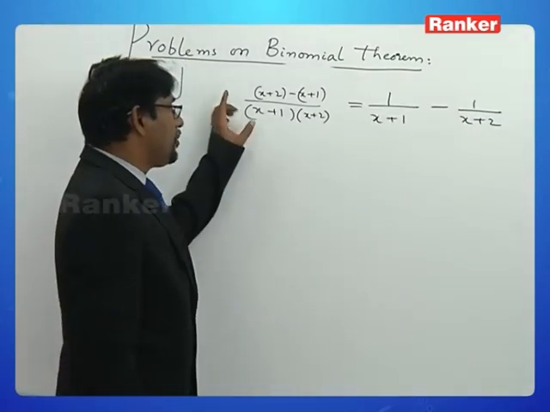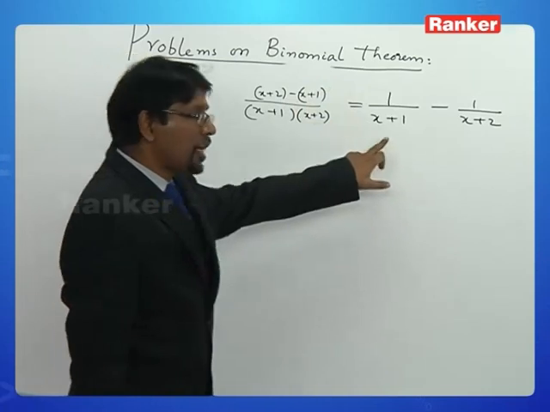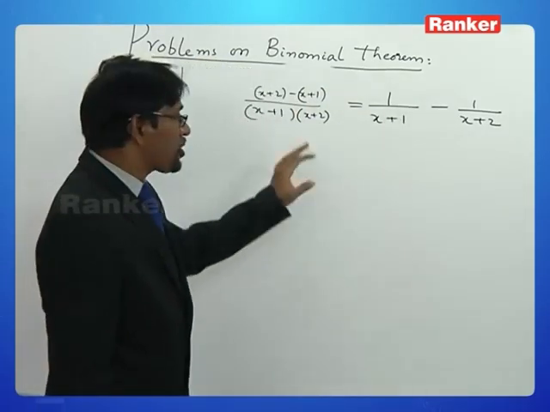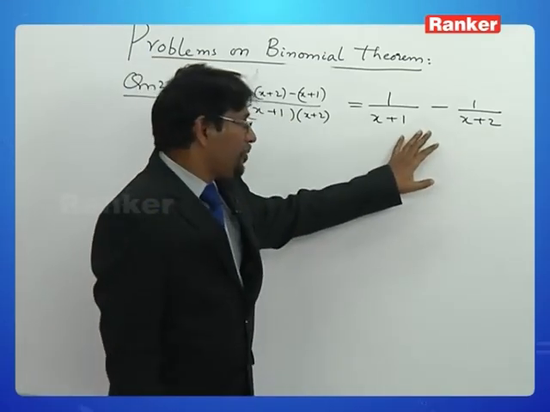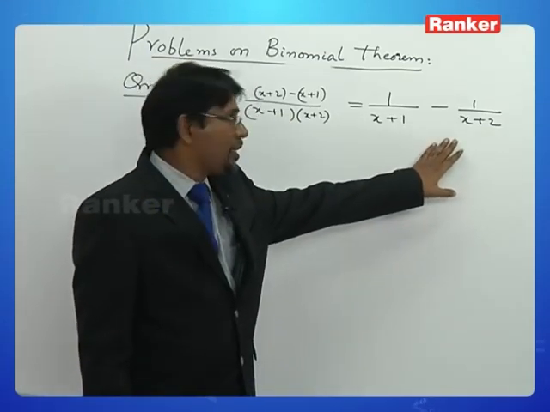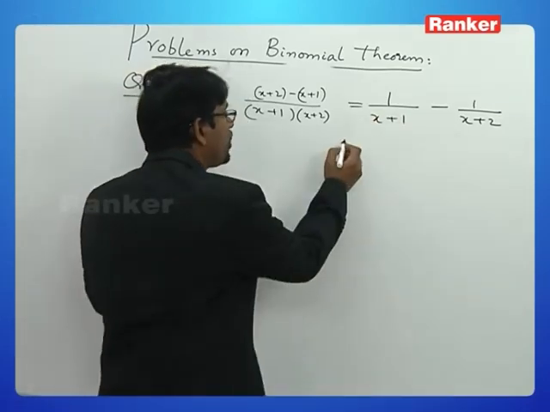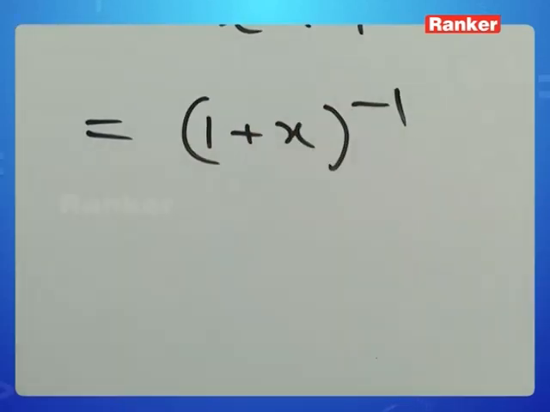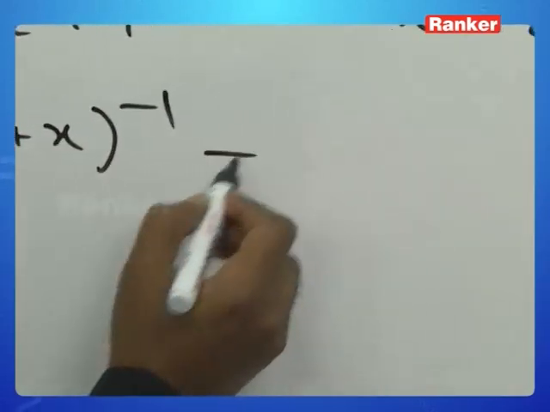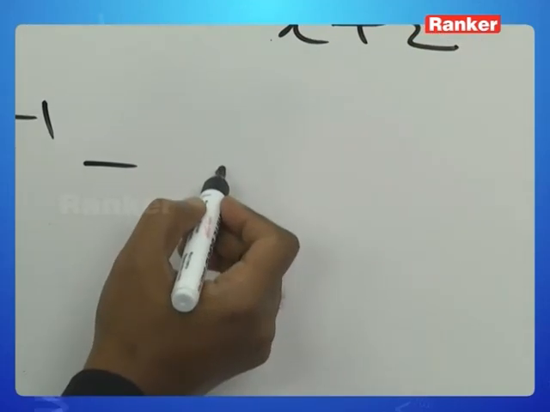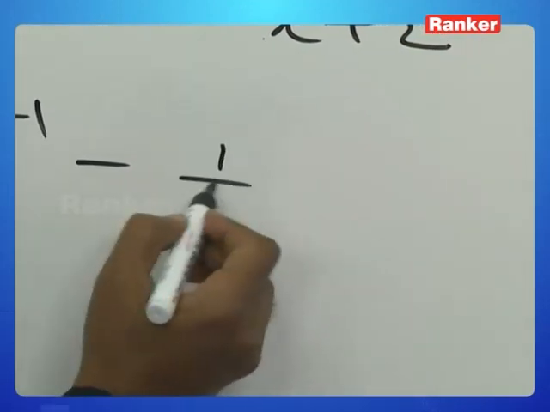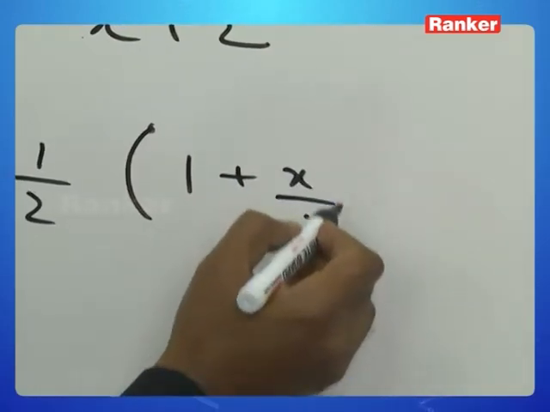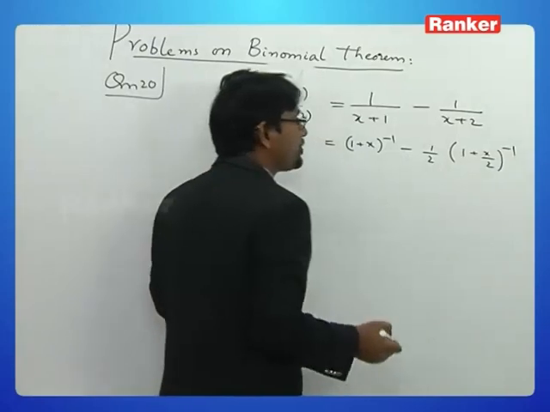So we split this into partial fractions this way: 1 by x plus 1 minus 1 by x plus 2. In this problem, if you need ascending powers of x in the expansion, we will look at this as 1 plus x raised to the power minus 1, and minus, you can take out a 1 by 2 common, and I write this as 1 plus x by 2 raised to the power minus 1.